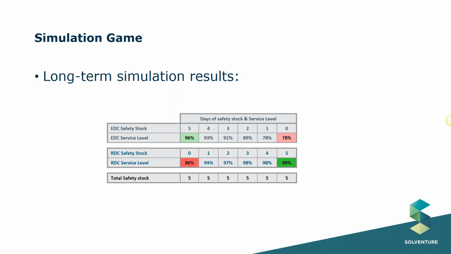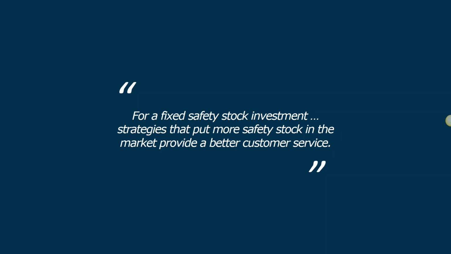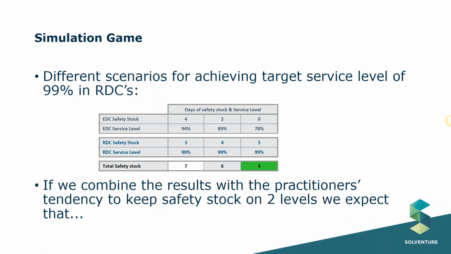So this is a safety stock investment of 5 days. For a fixed safety stock investment, strategies that put more safety stock in a market provide a better customer service. In general, I see that companies mostly keep safety stock on multiple echelons.